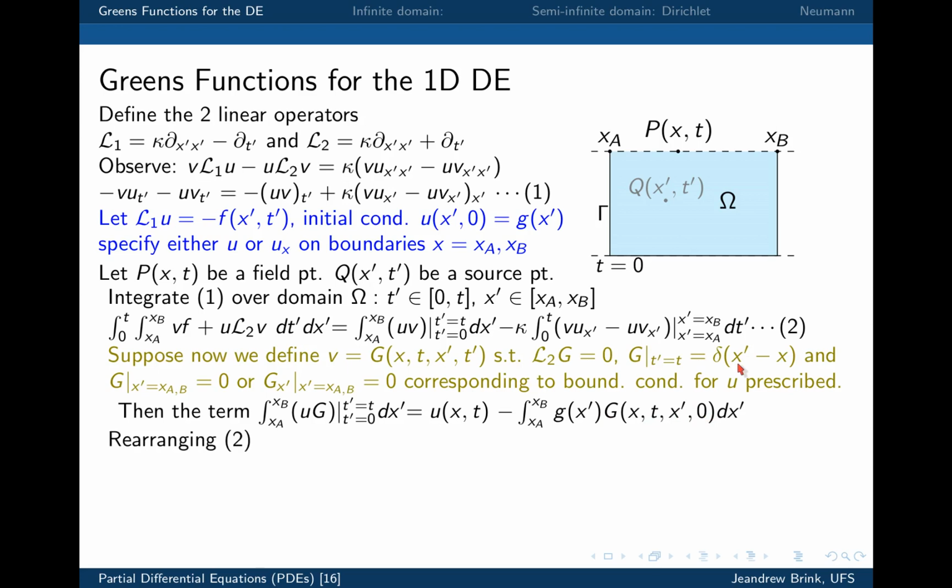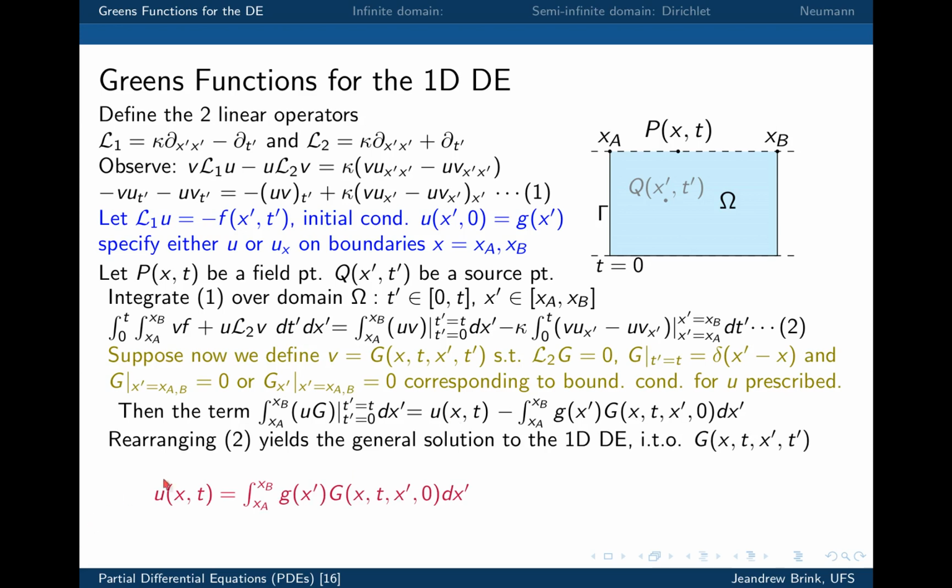And what you can now do is rearrange this equation so that we have u equal to the rest of the stuff, and what I can get is something that looks like this. Firstly, this term is just that term, so we have u of x comma t.